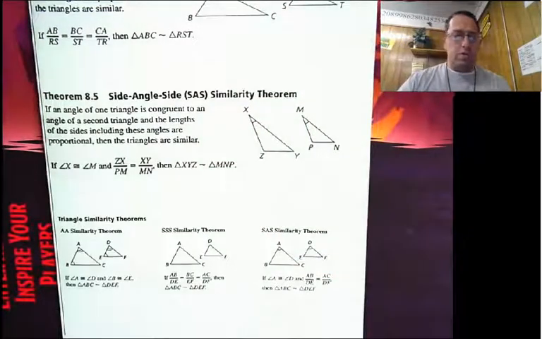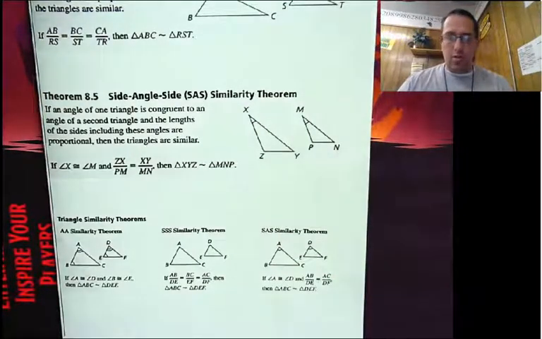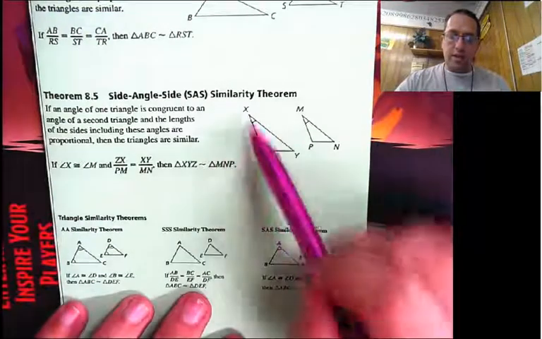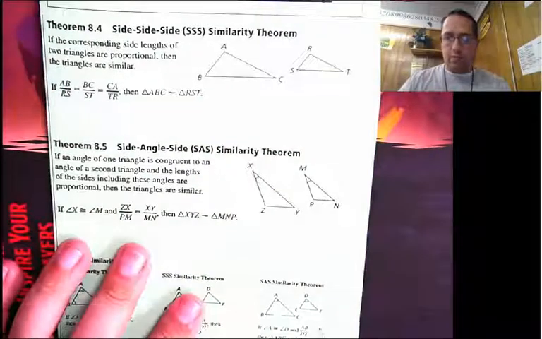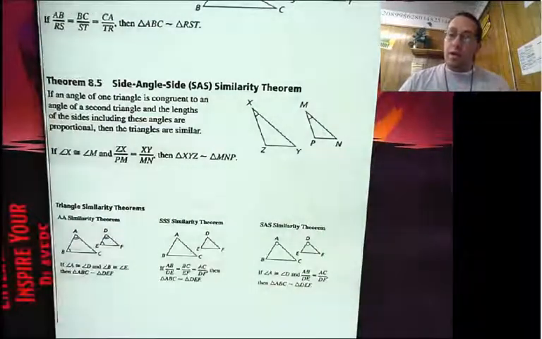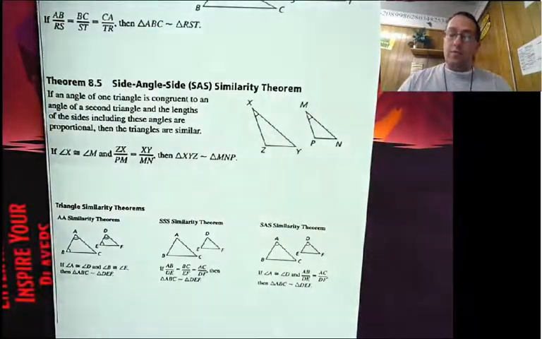It didn't work for congruence. It doesn't work for similarity. Okay, it has to be side-angle-side, or it has to be side-side-side, or angle, which did not work for congruence, but does work for similarity.